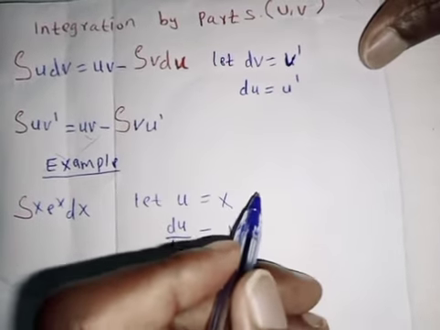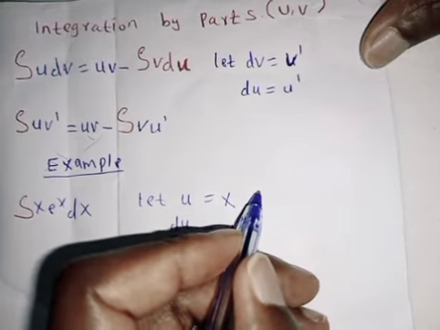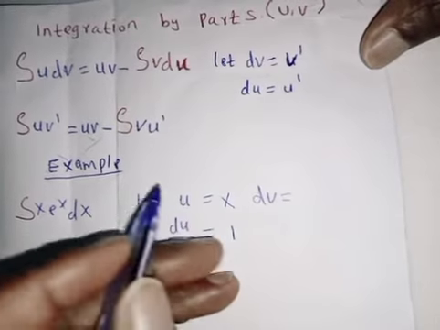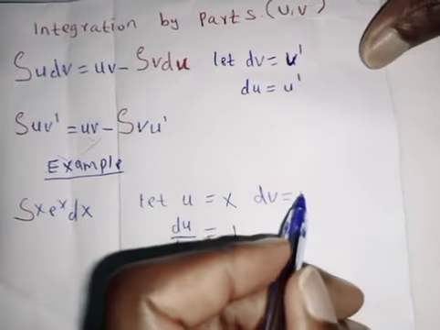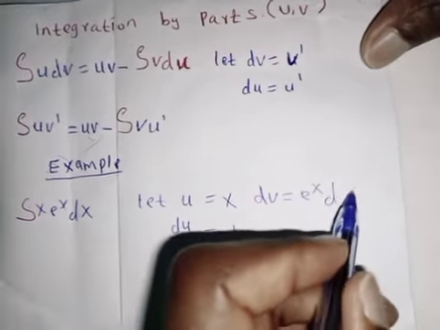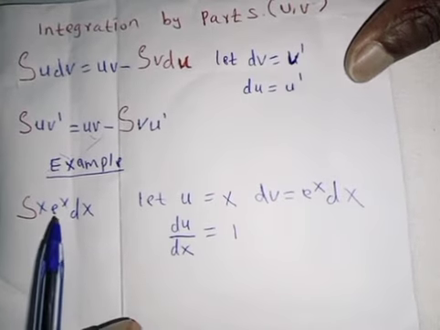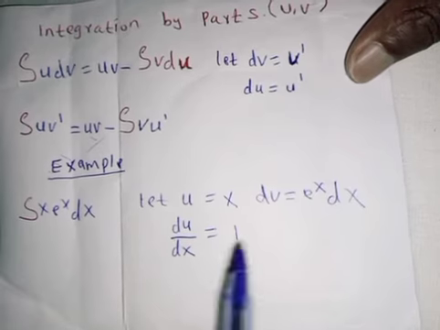Then we also let our dv be equal to the remaining part, which is exponential x dx.